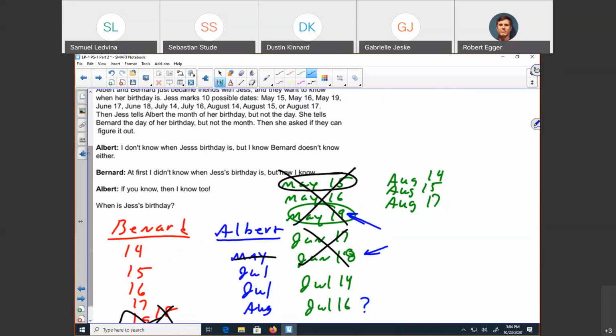Any other thoughts? Anyone else? Do I chime in? The 14th is both August and July. Yep, so definitely going to be that one.